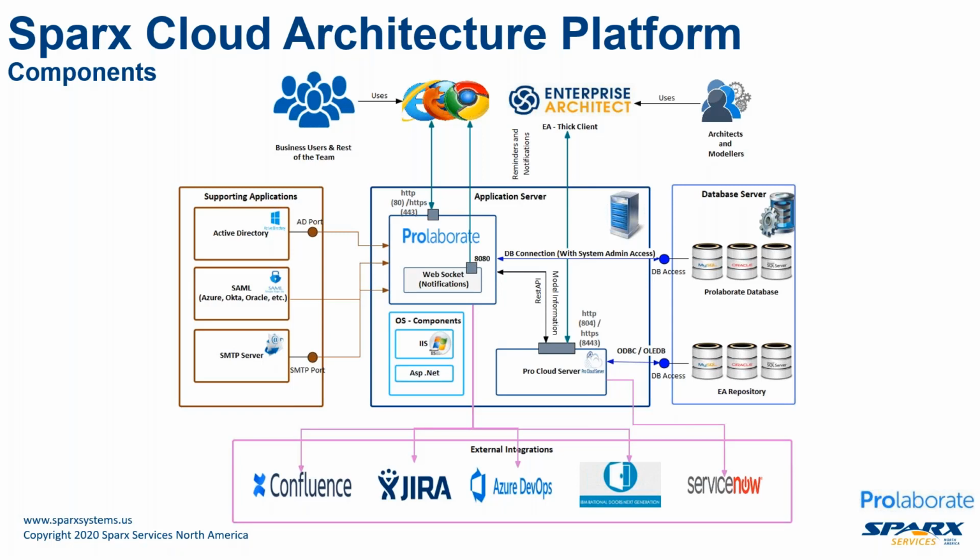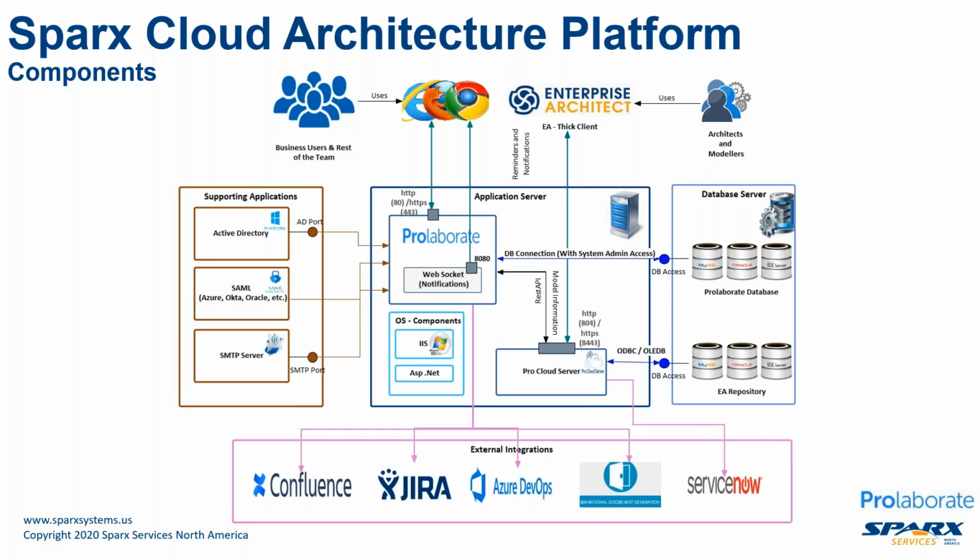For those of you who are going to be attending some more of the sessions this afternoon, there will be discussions of integrations. So there's a lot of value in architecture about integrating data and looking at data from different perspectives and different sources. One of the things we offer as a part of the Cloud Architecture Platform is the ability to integrate with your other tools and platforms that you use to manage your IT and business environment.